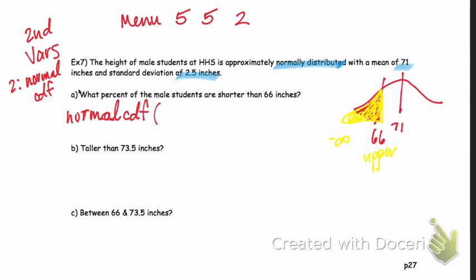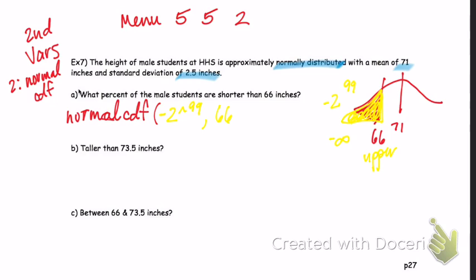So in order to represent negative infinity on the calculator, I say negative 2 to the 99th power. So for my lower bound, I'm going to type in negative 2 and then the little up button to the 99th. So negative 2 to the 99th. My upper bound is 66.